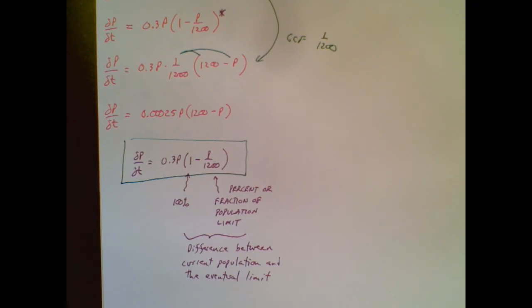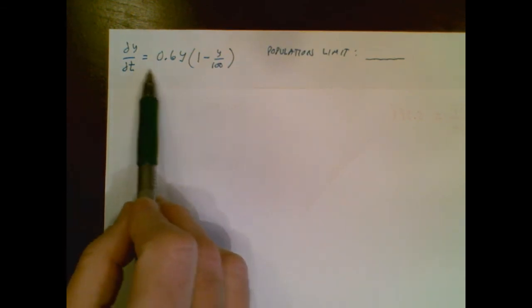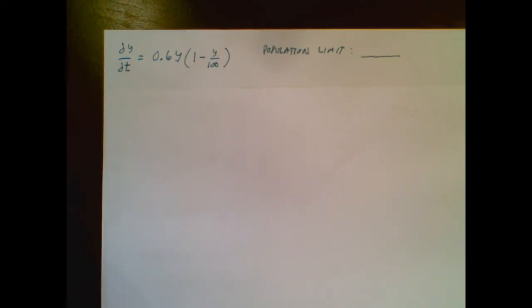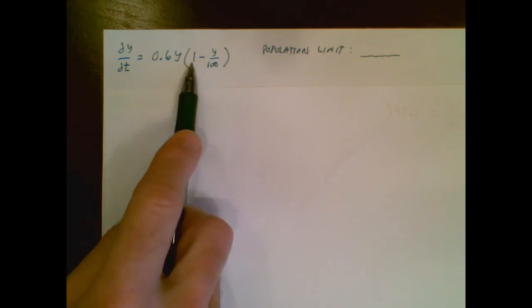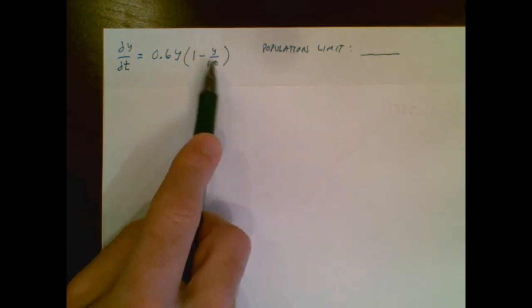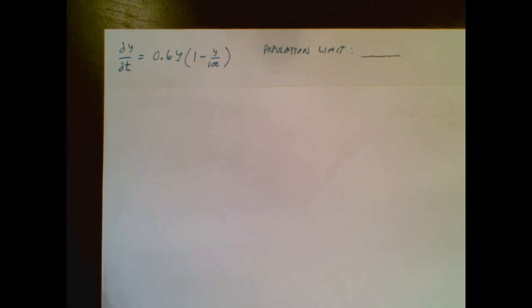All right, we've got one more algebra trickery example to go. We'll go through this one a little bit quicker. Take a look at this. Hey, that's in that semi-famous form, not the original form we learned, but the other form: 100% of the population minus the fraction of the eventual limit that we're currently at. By the way, I'm using Ys instead of Ps. That's totally legal.